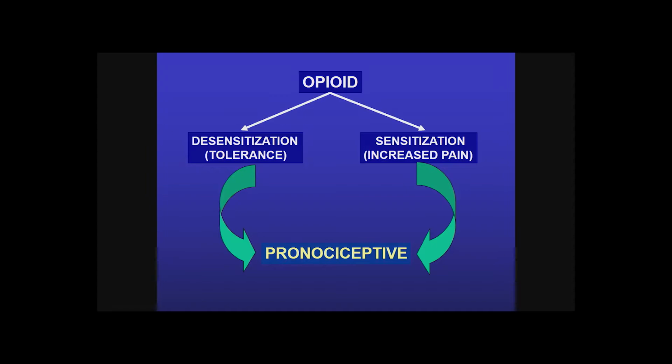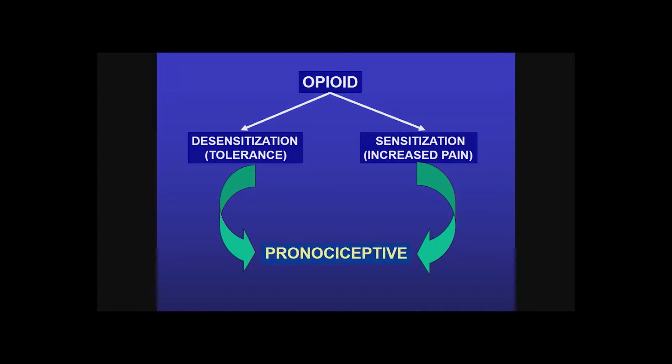Nonetheless, this concept of opioid-induced hyperalgesia really changed how we view opioid analgesic tolerance. In the past, what we were always concerned about was tolerance, therefore desensitization of the central mechanisms, primarily looking at the PD aspect of opioid analgesics. Now we have a so-called sensitization process. Opioids can induce pain or increase pain sensitivity in animals, at least.